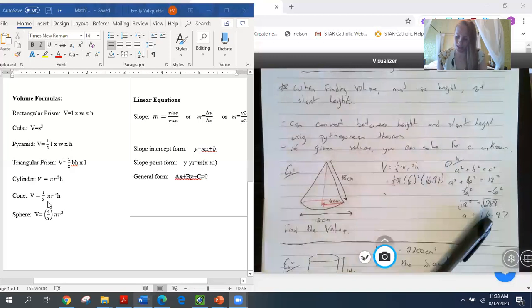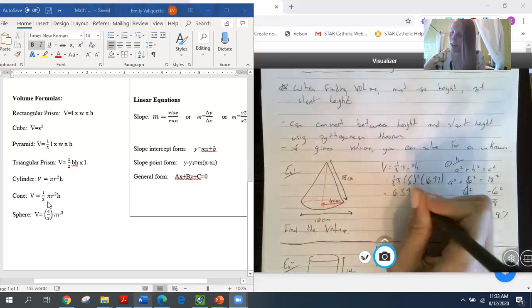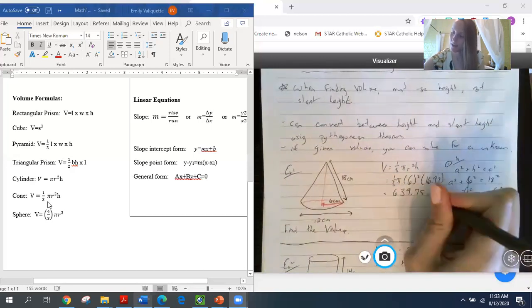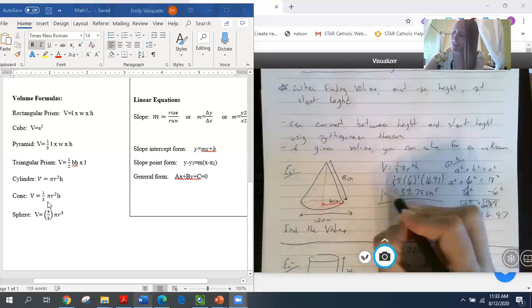Let me just do that here. And I get 639.75, and volume is always in units cubed, so in this case, centimeters cubed. So that would be my final answer.